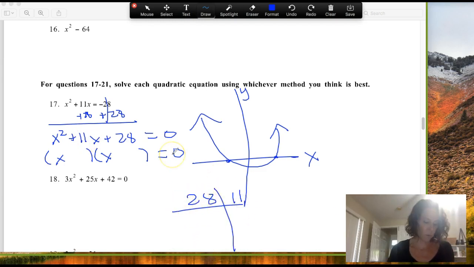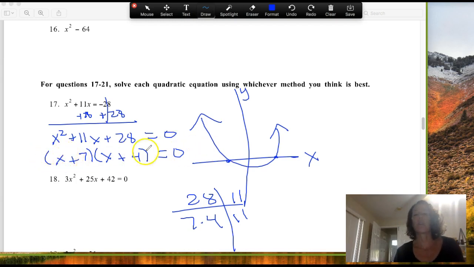So the factors of 28, let's see, 28 is divisible by 4, so 7 and 4. Do 7 plus 4 make 11? They do. Ooh, we picked a good one. 7 and 4. So 7 and 4 work. It's positive, positive. So I am going to do this by factoring. x plus 7 times x plus 4 equals 0. So either this had to be 0 or this had to be 0 for this answer to be 0.